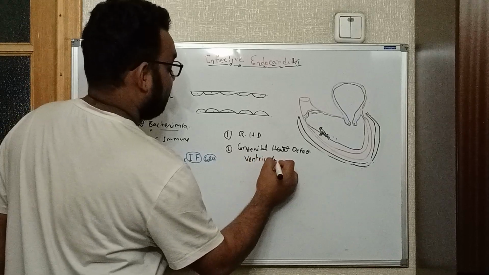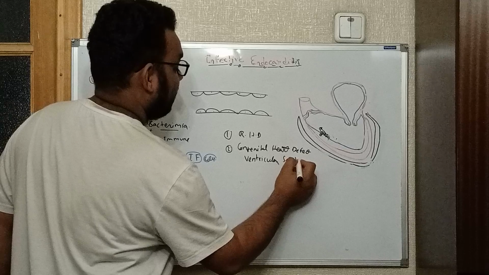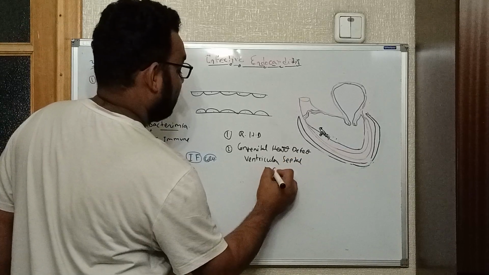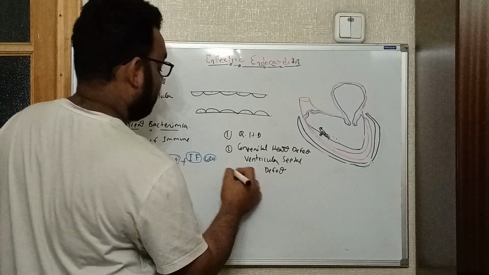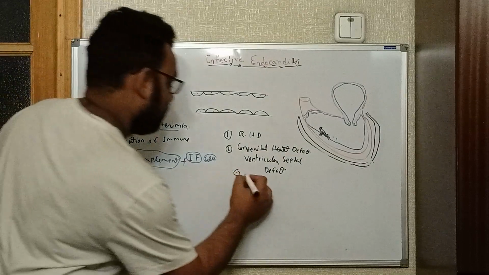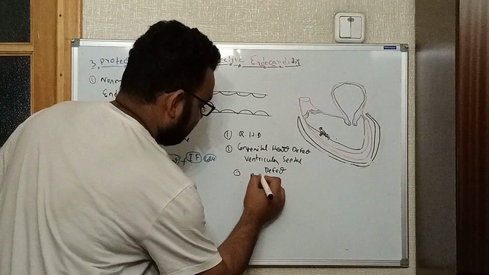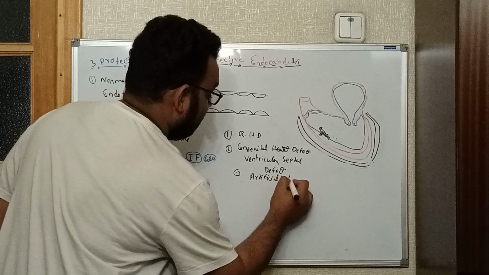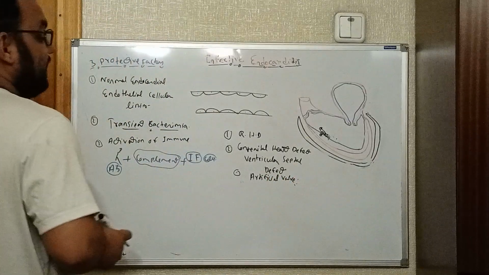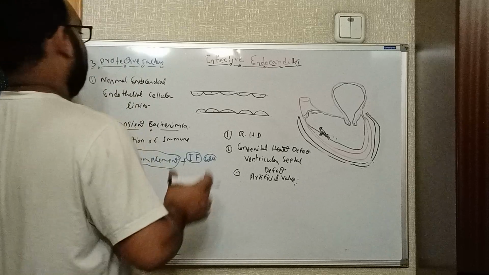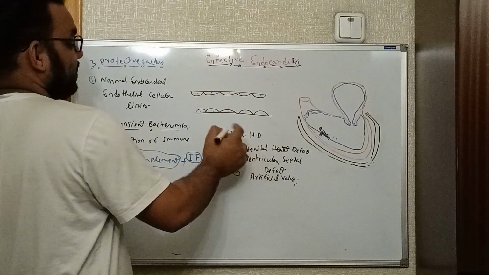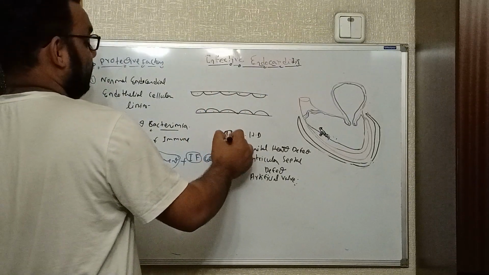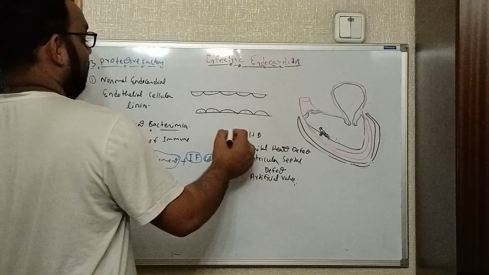Or in the case of artificial valve replacement, a prosthetic valve, there is a chance of getting affected, which can cause infective endocarditis. So these are the positive factors, we can say the causes.